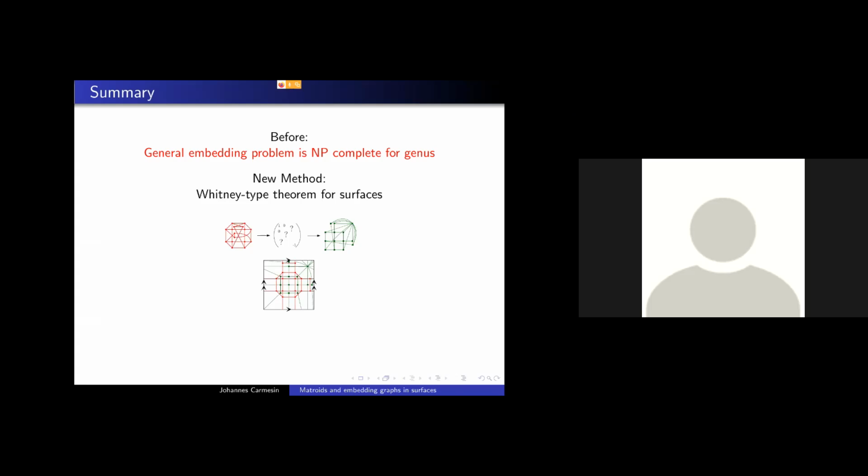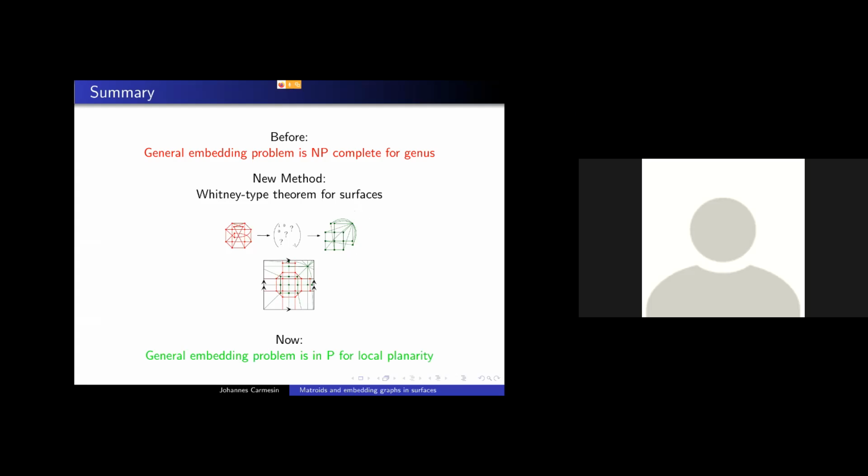And now we have this new Whitney type theorem for surfaces, which roughly goes like this. You start with your arbitrary graph, you use this local matroid to build a dual graph, and then you use this dual graph to actually construct that embedding. And this gives us a characterization of embeddability in terms of these dual matroids being co-graphic.